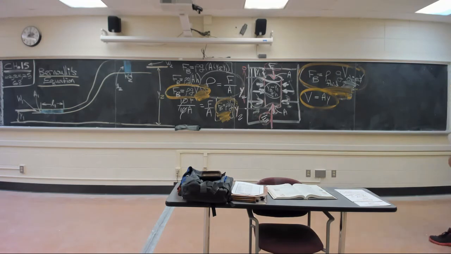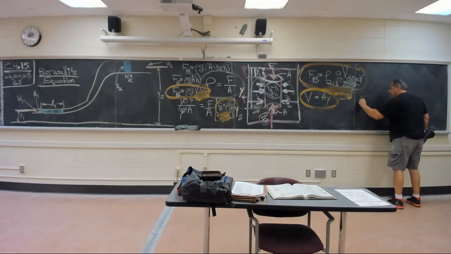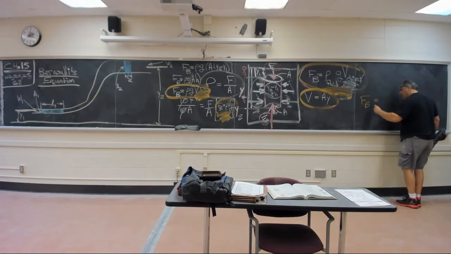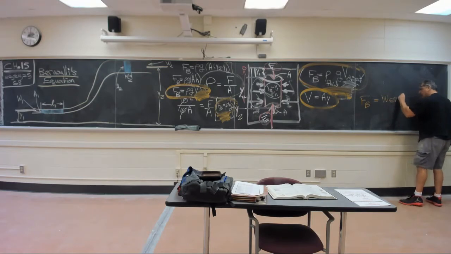Well, so look, the long story short on this whole thing: the buoyant force is the weight of the fluid displaced, period. The buoyant force is the weight of fluid displaced.